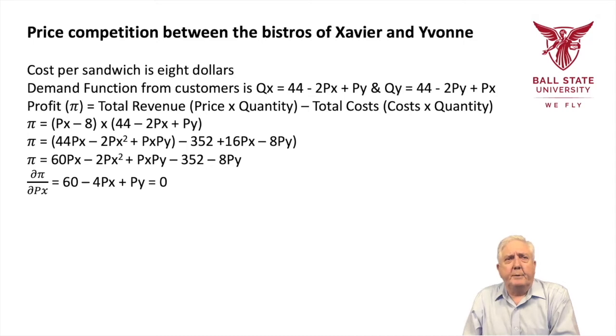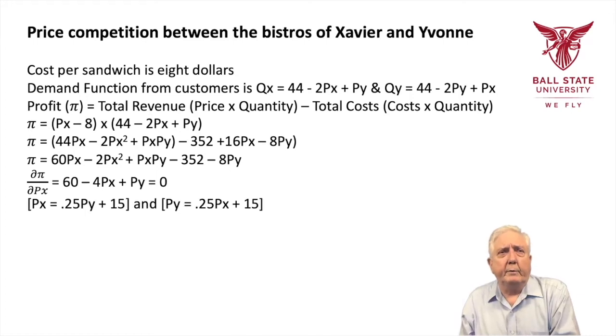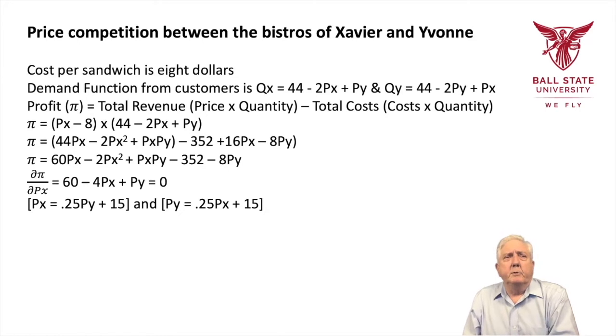And then the last piece of it is px py. We take out the px and we get the py. The other two components of the equation do not have a px in them, so we can eliminate them. And so we end up with this equation once we solve that equation for 0. Px equals 0.25 py plus 15. And of course, py equals 0.25 px plus 15.